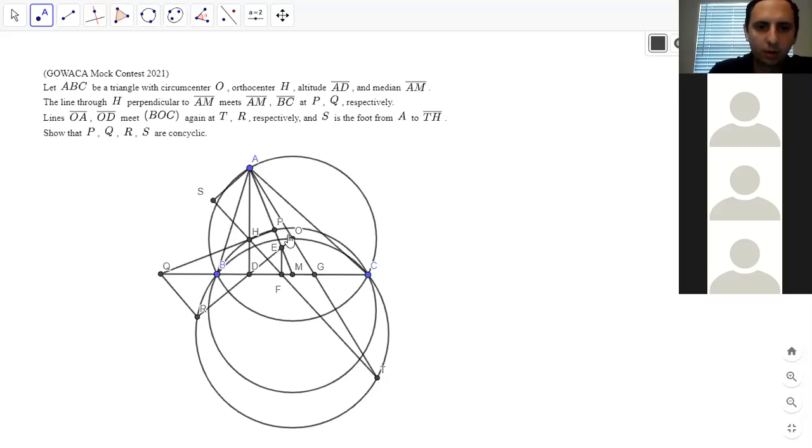Oh, because you're projecting through O onto BC. So since FM over FD is GM over GD, this is OM over AD. Okay. All right, that makes sense.